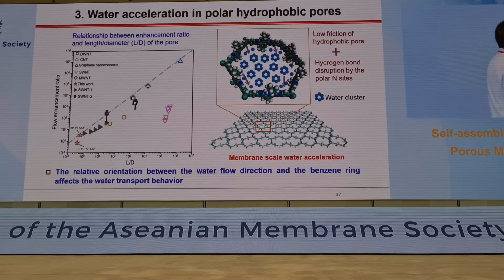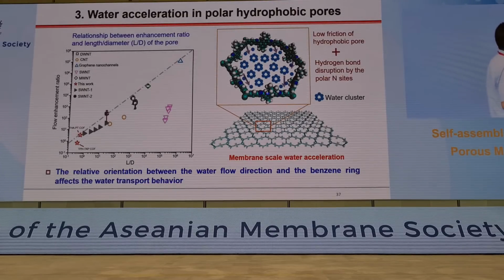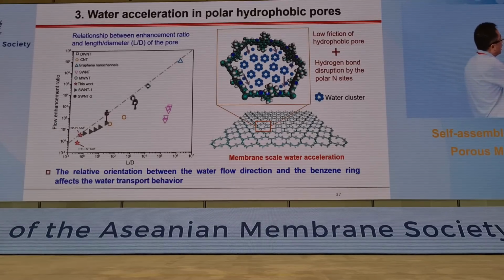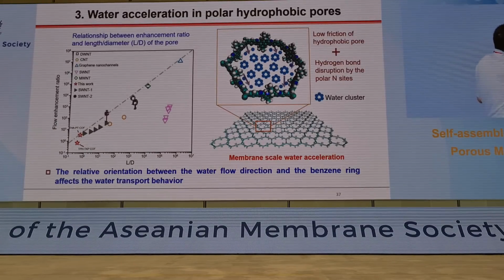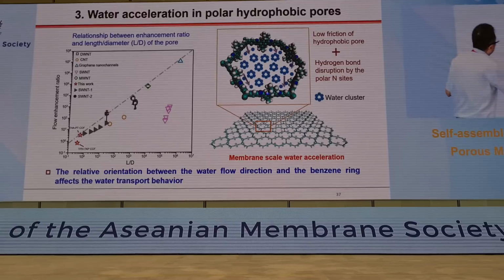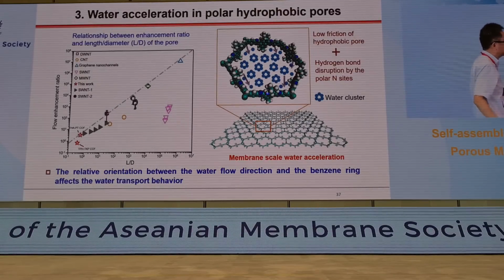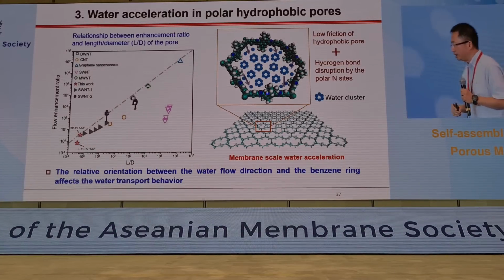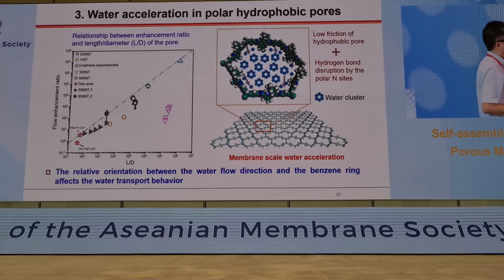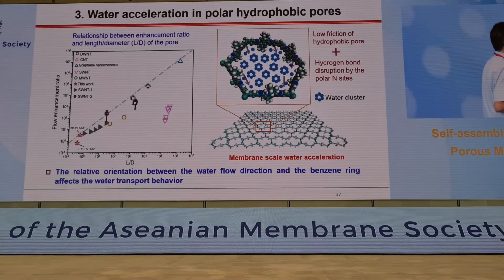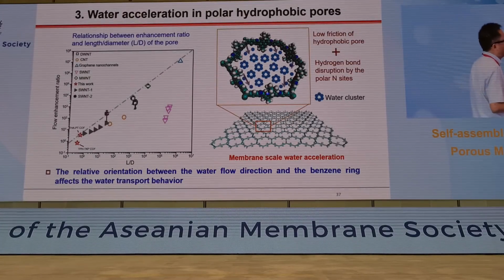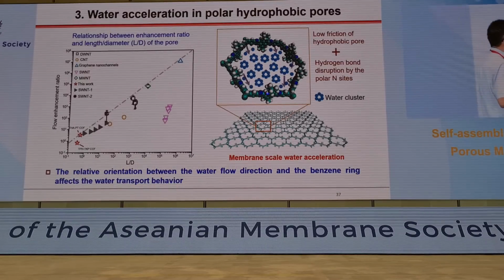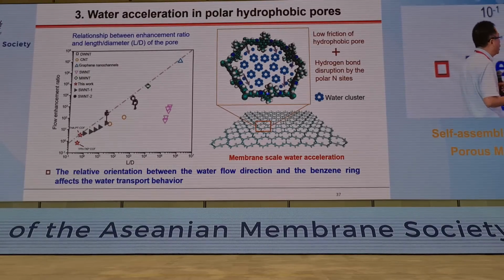We can see that the water acceleration ability of our vertical pore is comparable to that of carbon tubes, as shown in these yellow circles in this figure. So we think the good water acceleration ability of our membrane comes from two factors. First is the low friction of the hydrophobic pores, plus the hydrogen bonding disruption by the polar nitrate site.